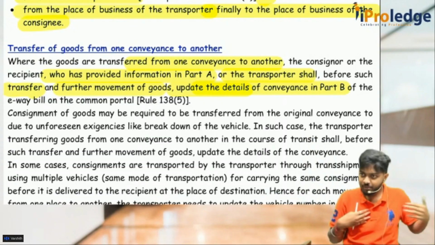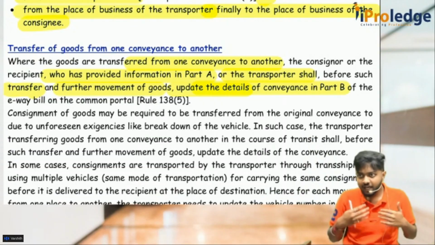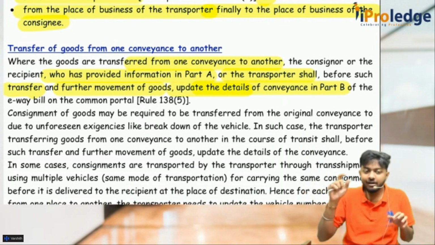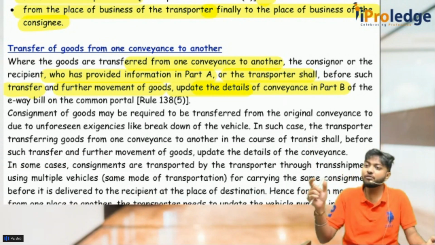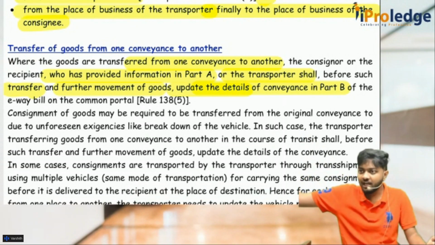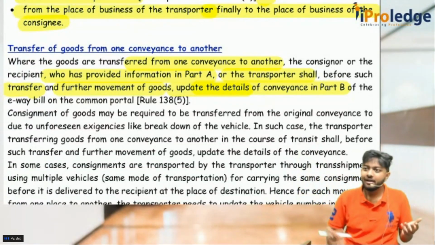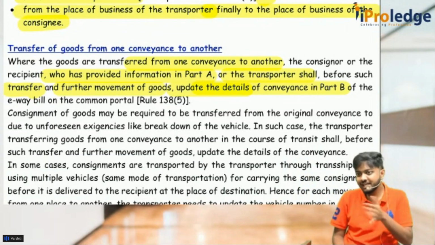The supplier, the person causing the movement, can also update, or the transporter can also update the vehicle registration details of the new vehicle that he is shifting the goods to. Technically, tell me who will update. Will the supplier be knowing to which vehicle he shifted? No way.